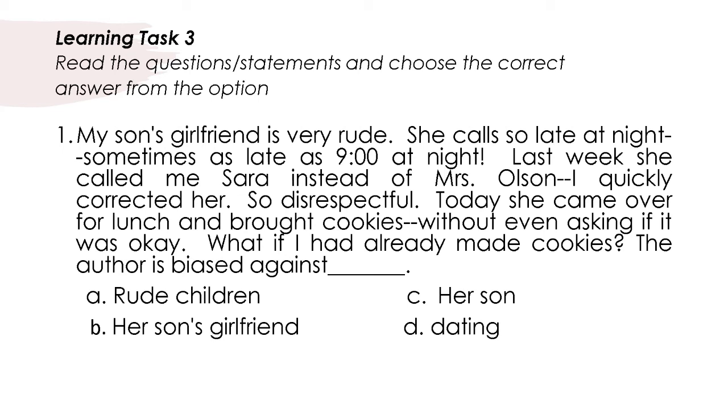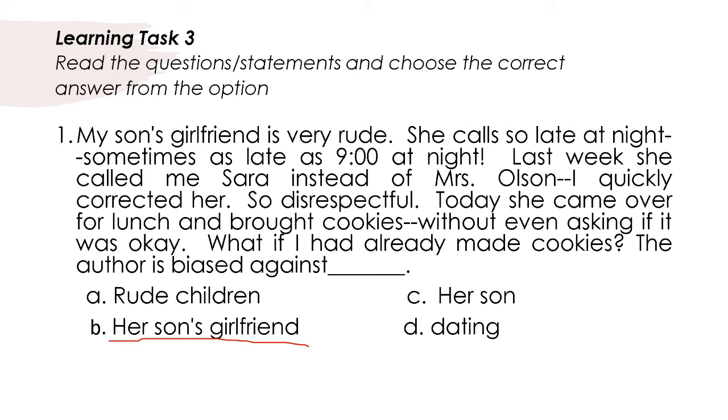A. Rude children. B. Her son's girlfriend. C. Her son. And D. Dating. Very good. The correct answer is her son's girlfriend. Letter B. Okay, because the negative opinions were focused on her son's girlfriend.